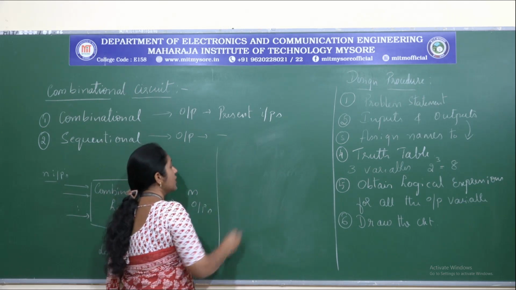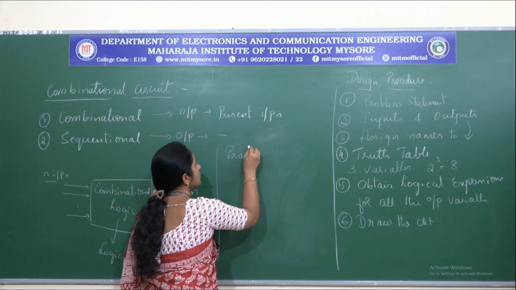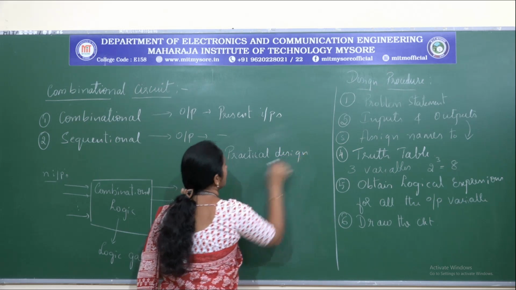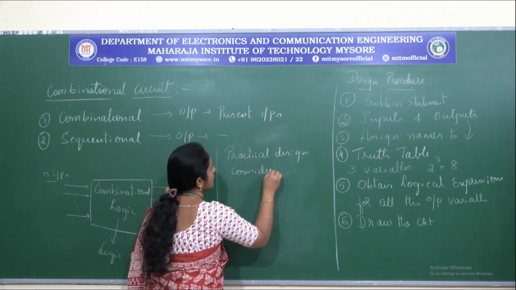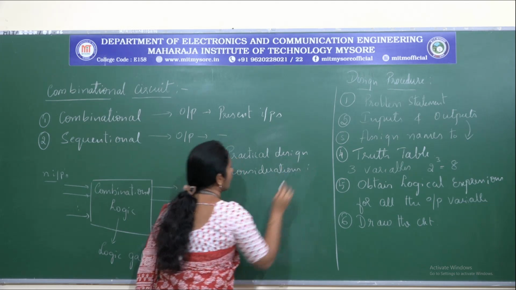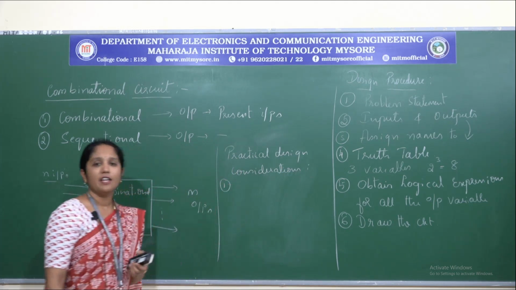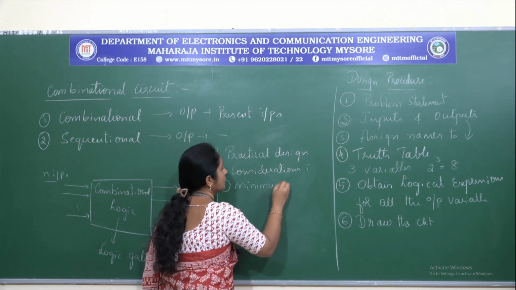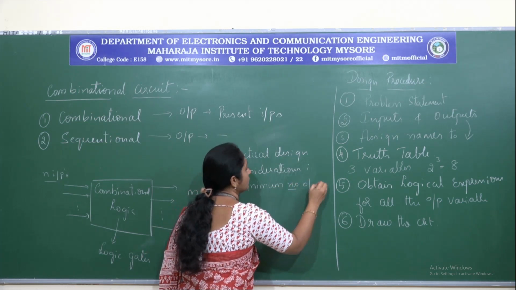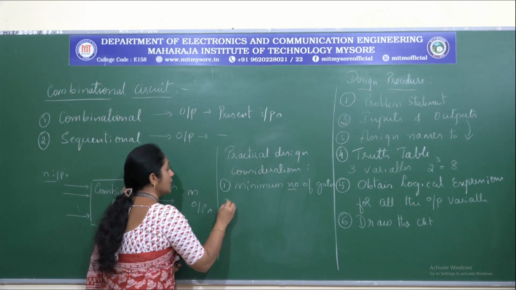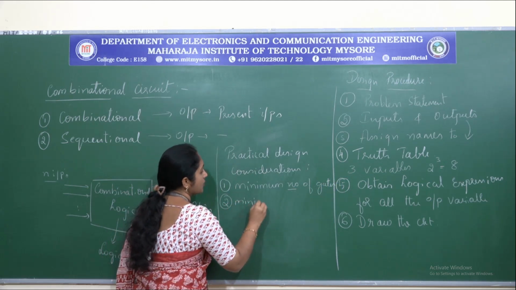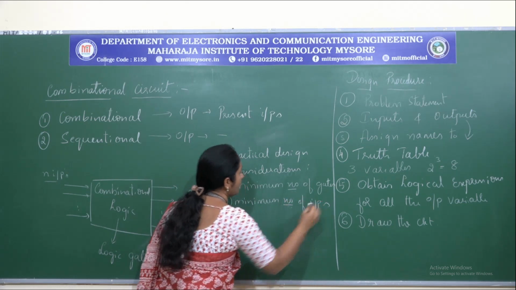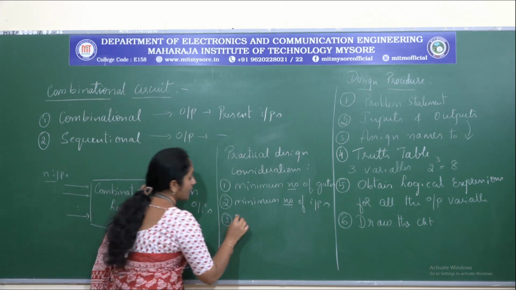The practical design considerations for the combinational circuit are, the very first one is minimum number of gates. Next is minimum number of inputs.